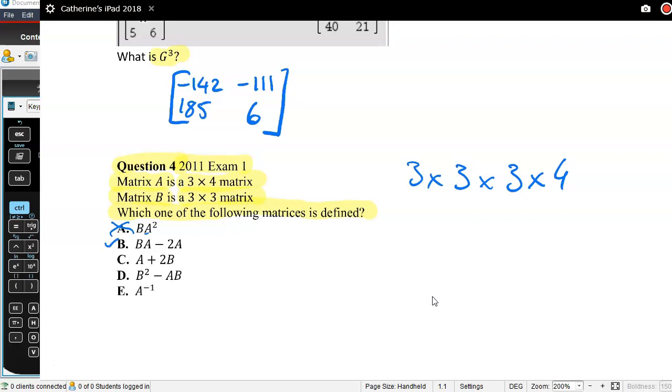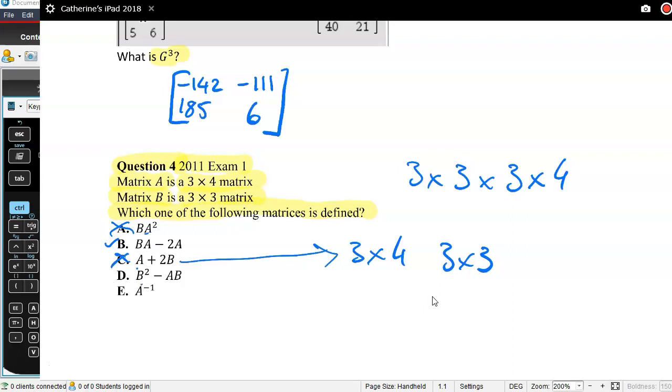We can't do C, can we? Because we'd end up with a 3 by 4, and 2B is still a 3 by 3. They're not the same order, so we can't do that.